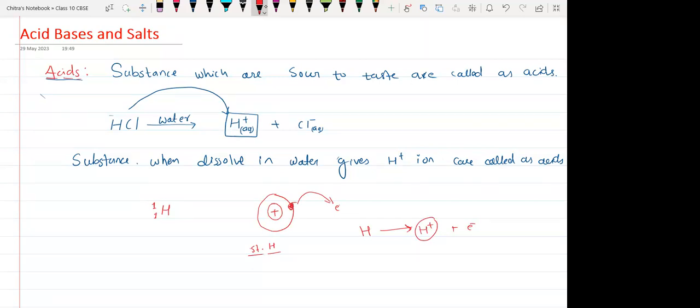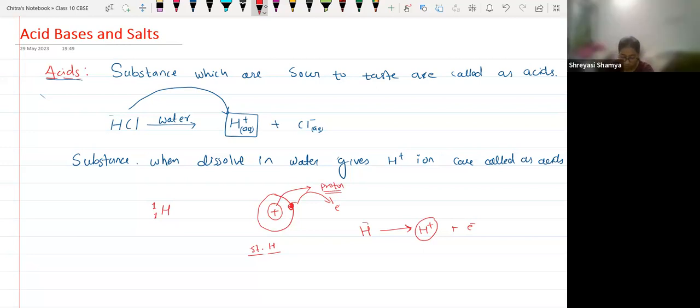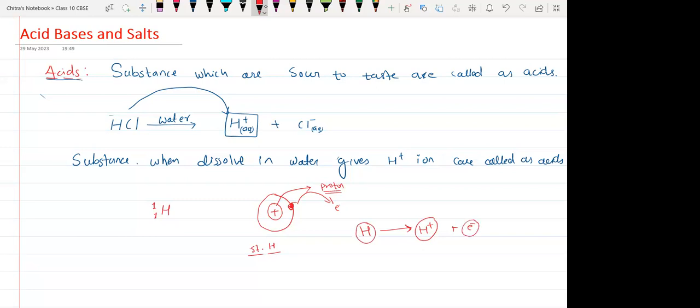At that state, that electron is lost, so at the H positive state only a proton is present in the nucleus of the atom. When the hydrogen atom loses an electron and produces H positive ion, the hydrogen positive ion contains only a proton in its nucleus.